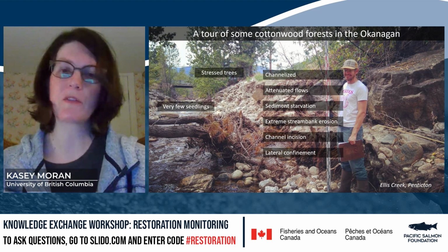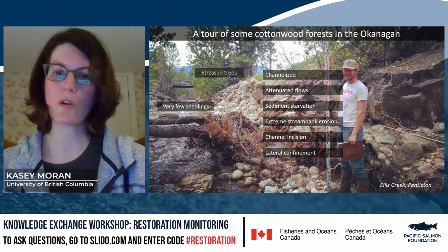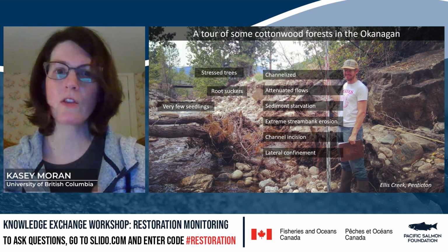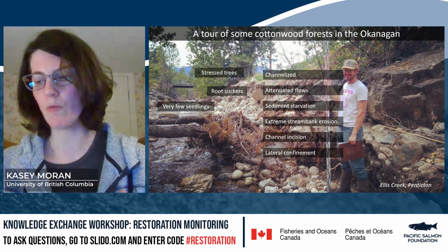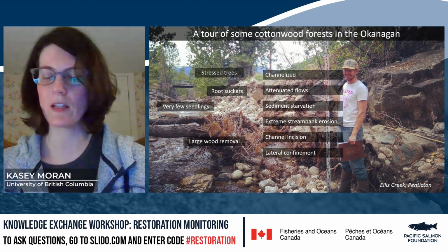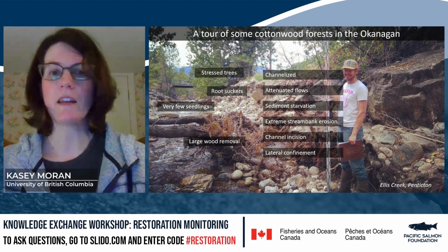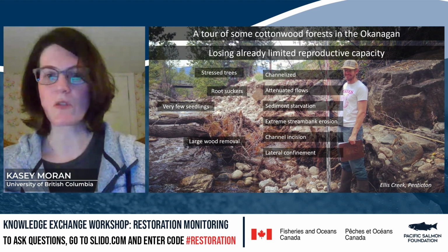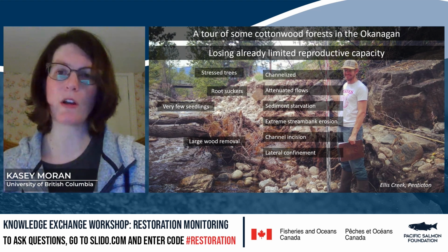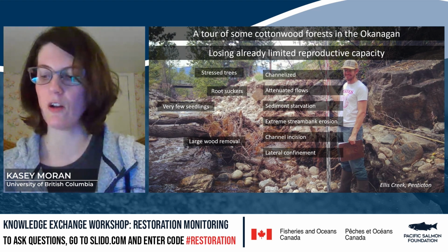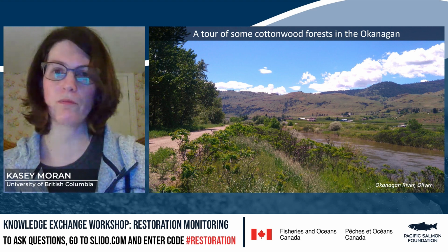There might be a couple of seedlings, but the substrate is too coarse to allow for seedling establishment. There's some root suckering. That's really the only reproductive pathway along a creek like this. And again, any large wood that falls into the stream is removed. So it's losing its already limited reproductive capacity through the loss of mature trees.